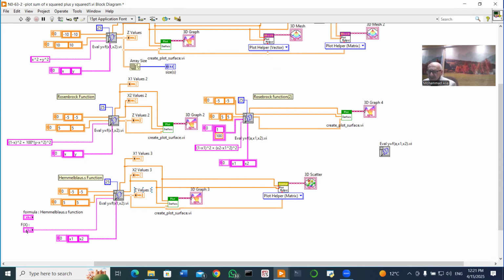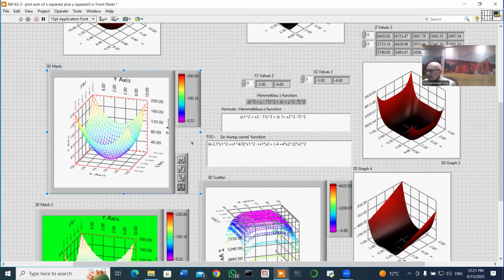One of these functions, a famous function, which we shall come to again in the future, is called the six-hump camel function. This is the expression of this function. It is somehow complicated. It is denoted by capital F of X.